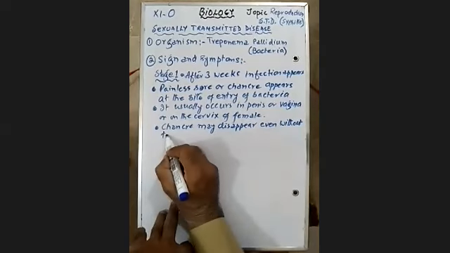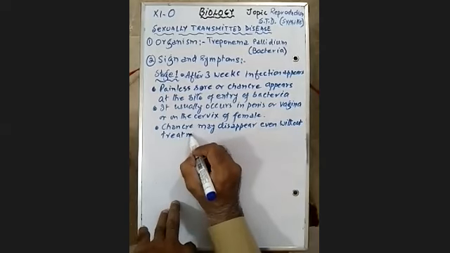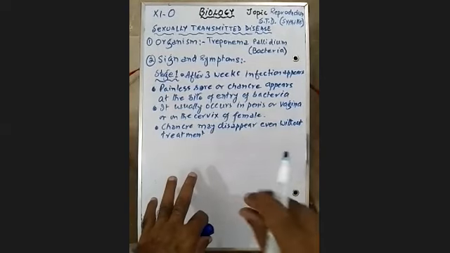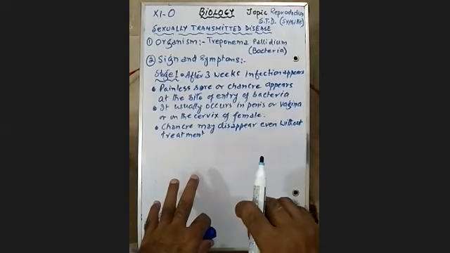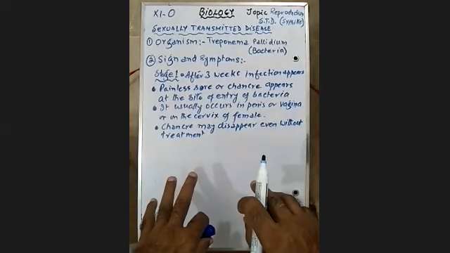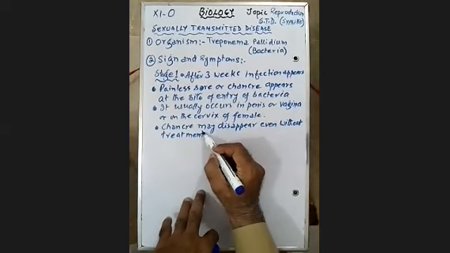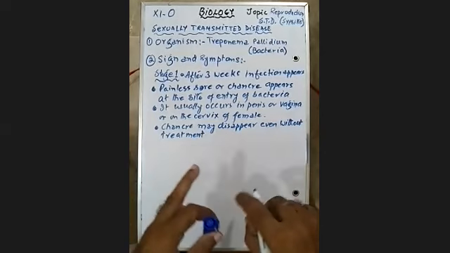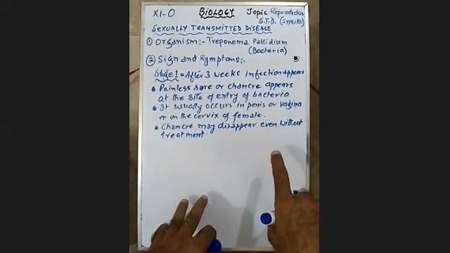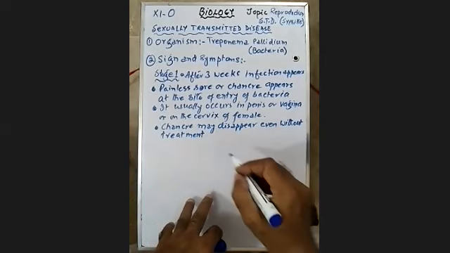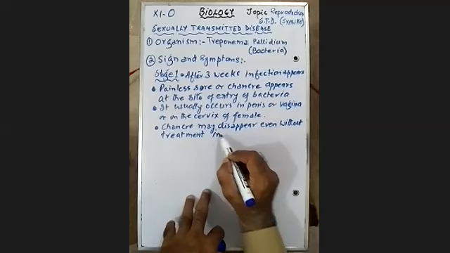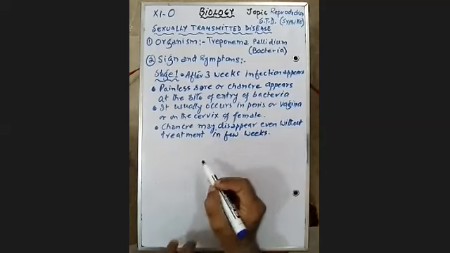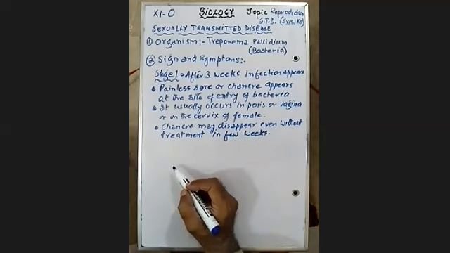The first signal is that a chancre, a painless sore, will appear, and the patient must at once consult a doctor. But if he or she does not consult the doctor, then it may disappear without treatment in a few weeks. But this is the first signal, and the patient must be careful.